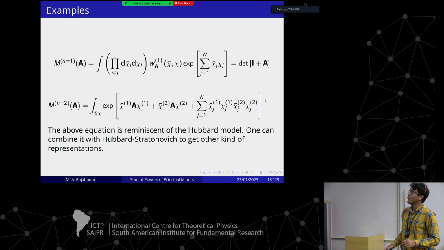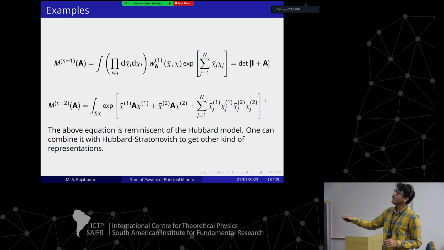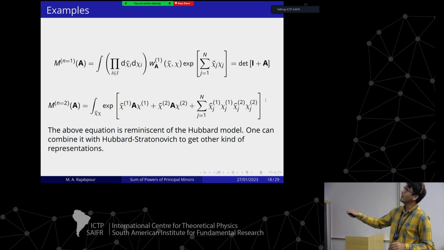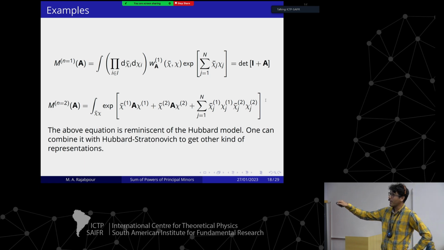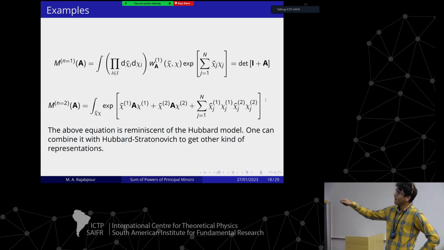Okay, so let me give you an example. If n is equal to 1, then that interaction, that coupling part, is just like this. And this is a simple integration. Everybody knows it. This is the determinant of I plus A. Now, if I have n equal to 2, then I can rewrite the things that I wrote for you like this.